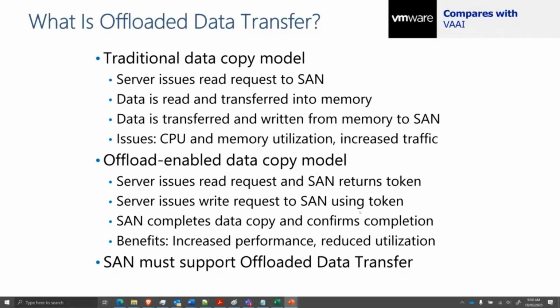Whereas if we're doing this, it uses a read token and a write token, and the SAN completes the data copy and confirms the completion, and our computer doesn't have to be involved anymore. Benefits are increased performance and reduced utilization, but the SAN must support the data offload transfer.